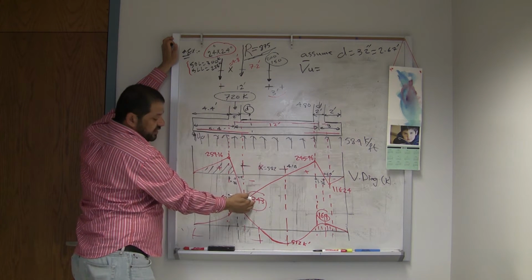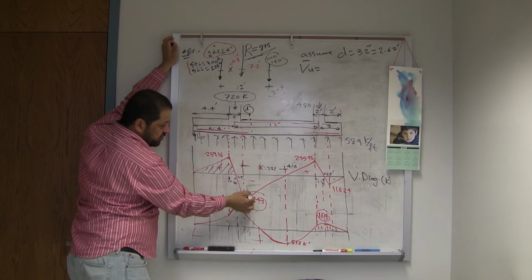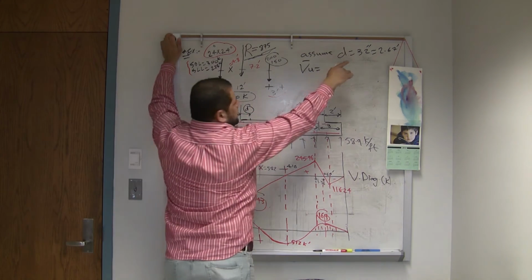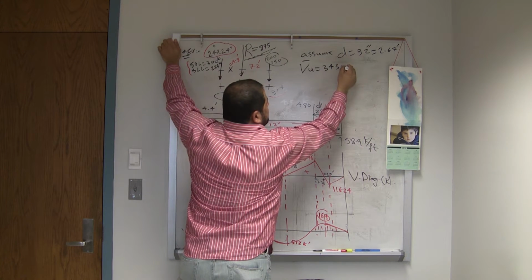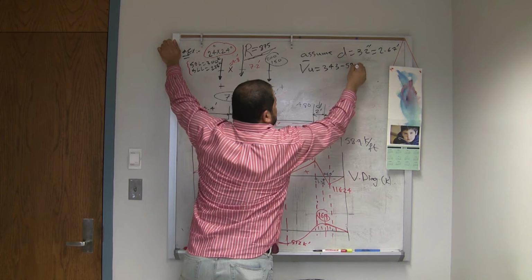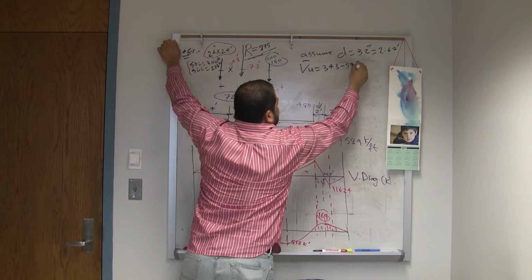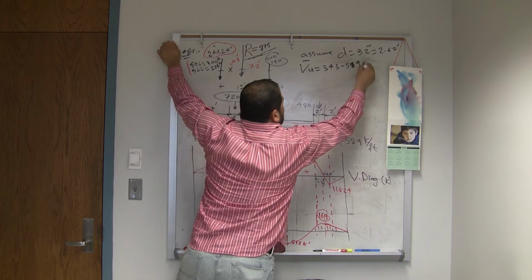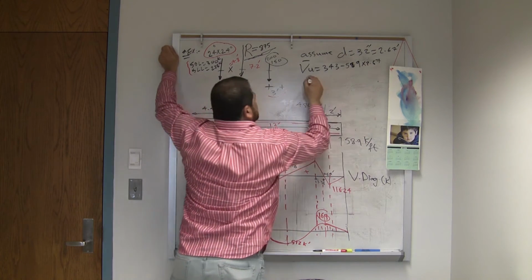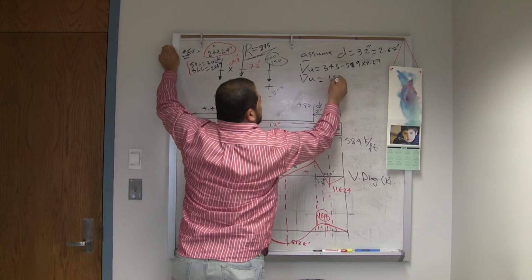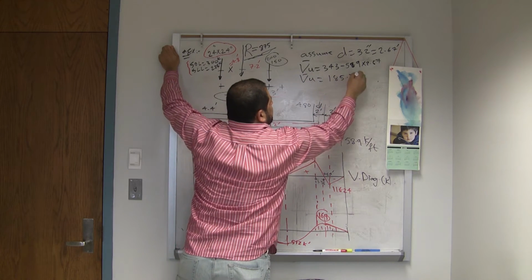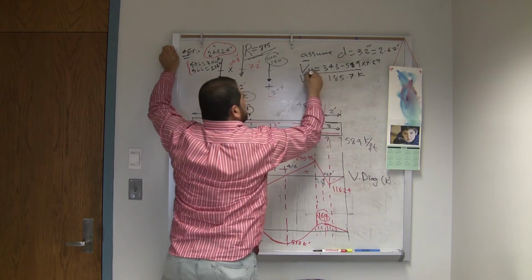So it's going to be 343 minus the slope 58.9 times this D, 2.67. And that's 185.7 kip. So this is V bar U.